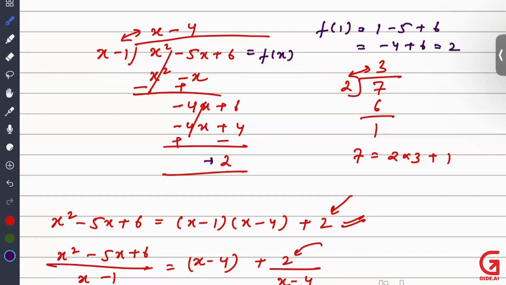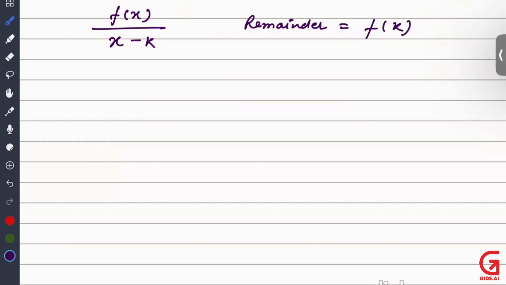So from here, what do we understand? If you have a polynomial divided by x minus k, it doesn't matter if it's a factor or not, your remainder would be f of k, right?